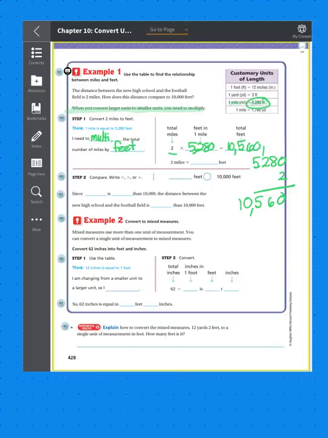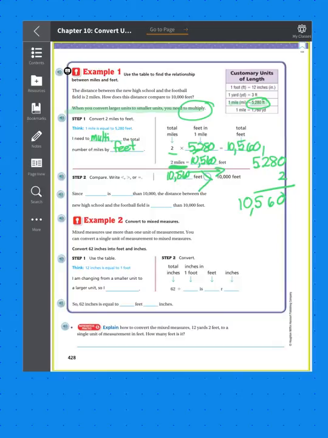So 2 miles is equal to 10,560 feet because I'm going from a larger unit to a smaller unit. Larger to smaller. Okay, and then you're just comparing, which is easy. 10,560 feet is greater than 10,000 feet.